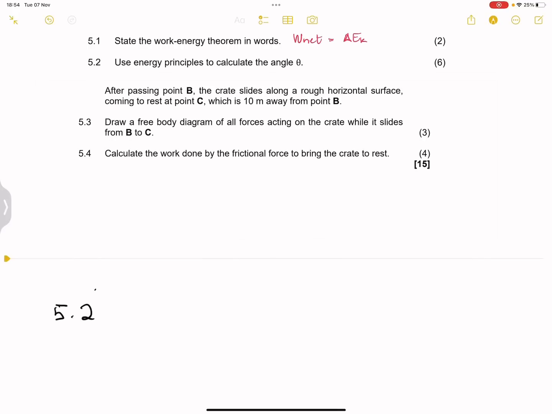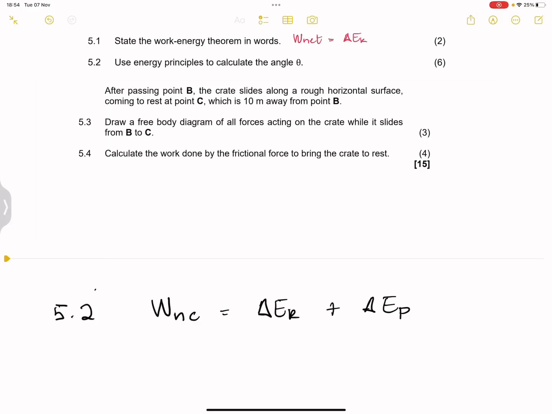Now, guys, please remember, every time I've got a vertical height, I'll always run to this formula. The work done by non-conservative forces will be equal to the change in kinetic energy plus the change in potential energy. So what are my non-conservative forces? For those of you who've watched my videos previously, work done by non-conservative forces would be work done by the applied force and work done by friction.